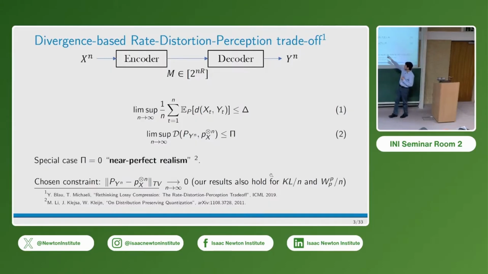So X^n here is an IID sequence. Oh yeah, it's a discrete sequence. So x to the exponent n just means a sequence of length n. That's all it's going to mean. And Y^n, again, is a sequence of length n, trying to reconstruct X^n from limited information. As we saw in the previous talk, it's quite natural to have a notion of distortion with a kind of distance.